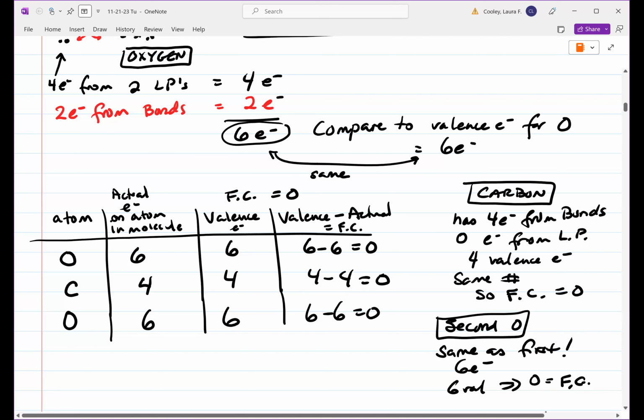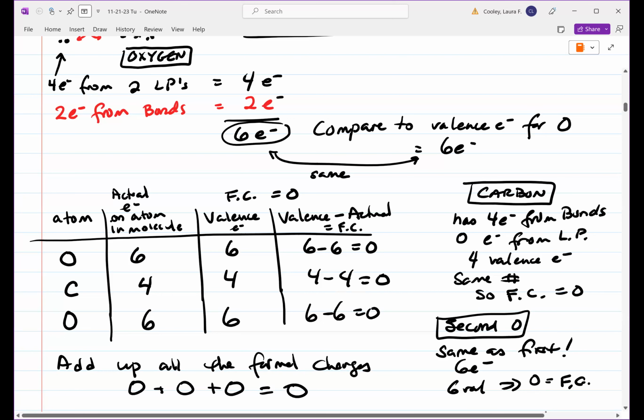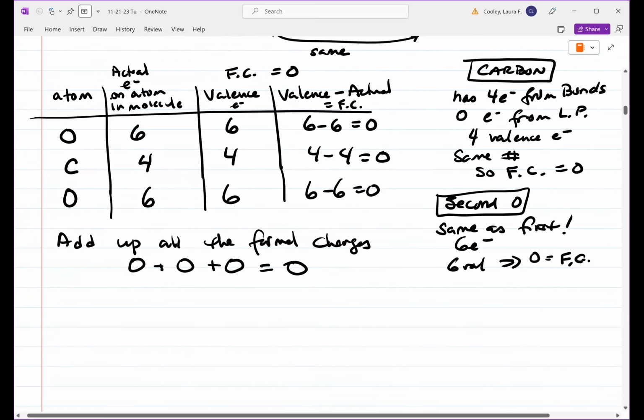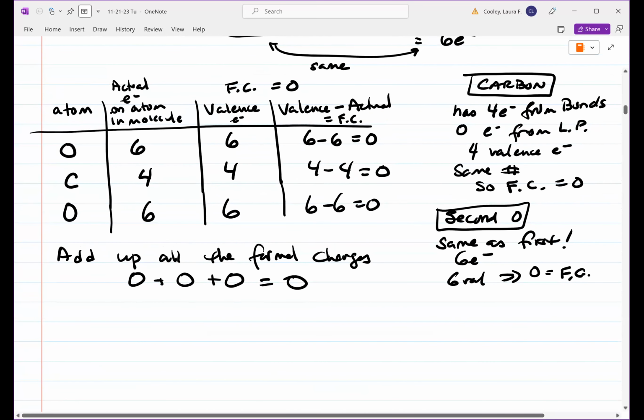Okay, now you notice something else here. If you add up all the formal charges, well, it's pretty easy here. 0 plus 0 plus 0 equals 0. But it is always true that the sum of the formal charges equals the charge on the molecule or ion.